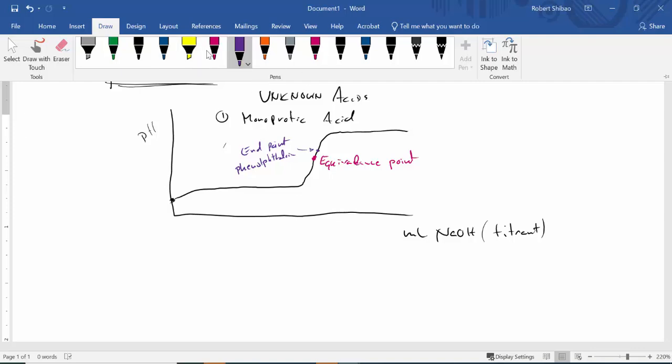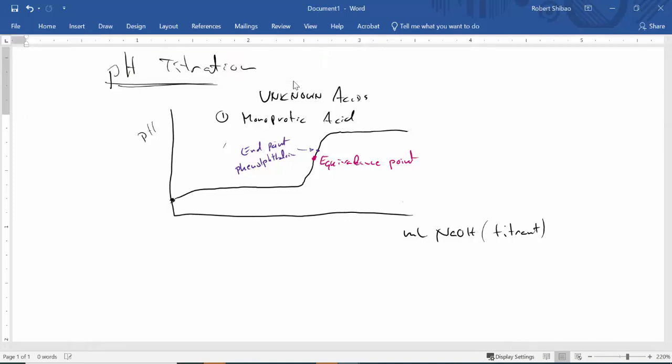And so what we're going to do is take data. But for each reading of the pH, let's say you add a drop, you have to wait until it mixes and the pH stabilizes and then take a reading. How many minutes does that take usually? It takes like a minute or so. We're going to go out to about 45 to 50 milliliters here.